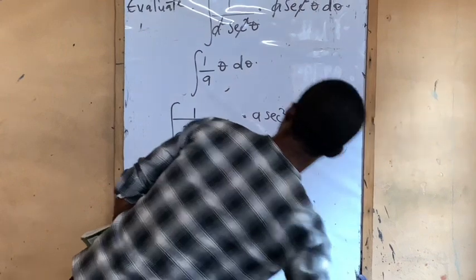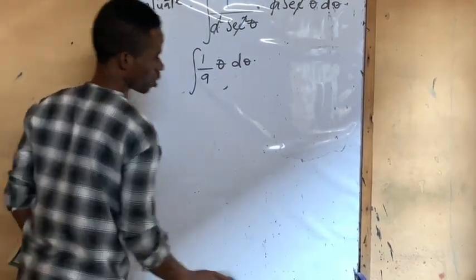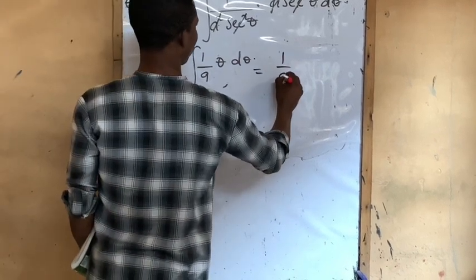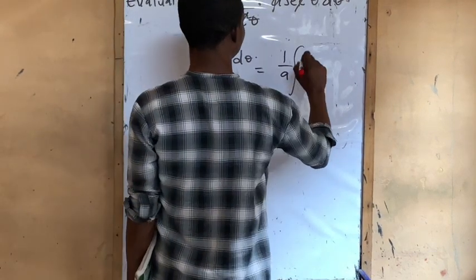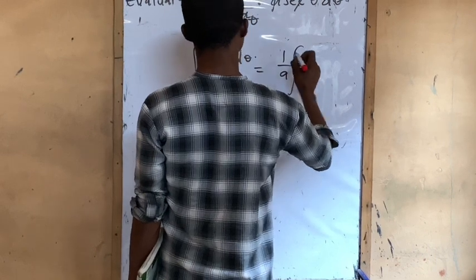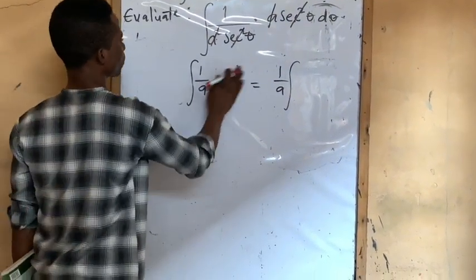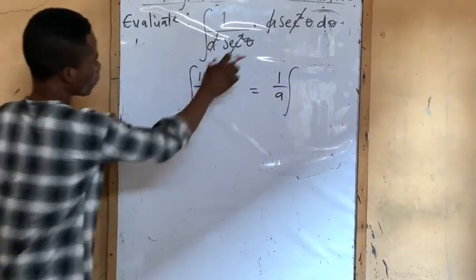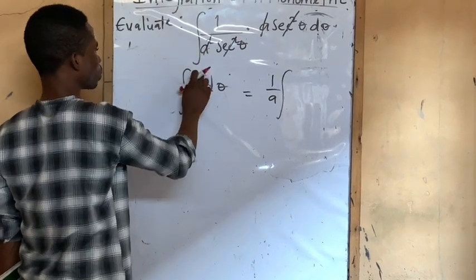So I bring this 1 over a out: 1 all over a integral of, the sec squared theta cancels sec squared theta, a cancels a, we have 1 over a left.